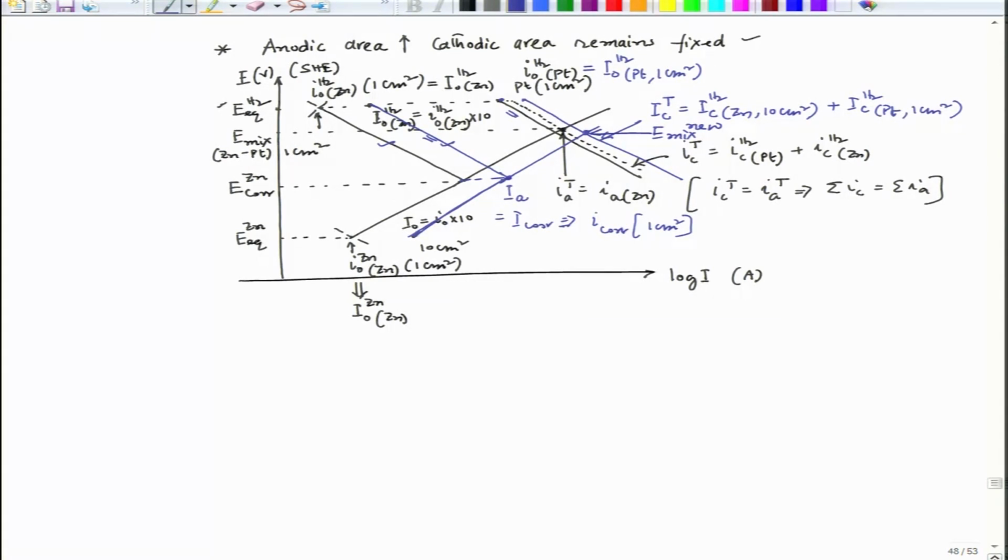So, my corrosion rate has come to, we do not know the corrosion rate, rather we know the current. If we try to see what the current corresponding to dissolution is, this is nothing but Ia of zinc of 10 centimeter square area. So, in order to find the corrosion rate because of the increase in anodic area, this would become Ia zinc of 10 centimeter square equal to I corr new when zinc is 10 centimeter square.